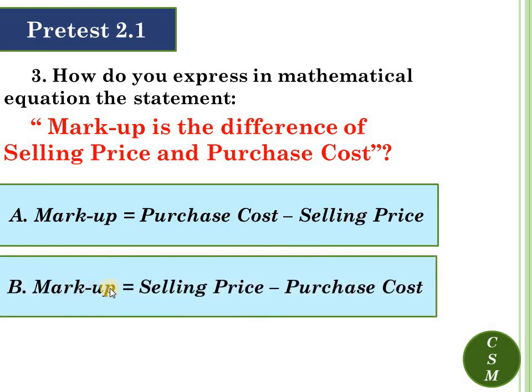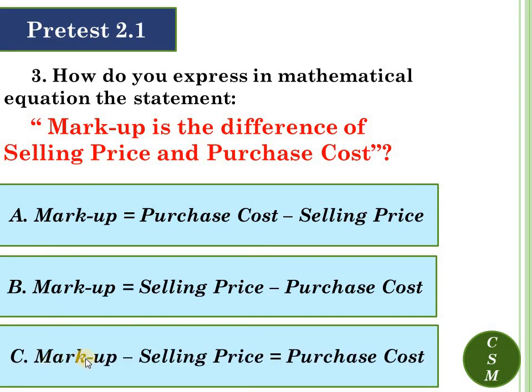B. Markup equals selling price minus purchase cost. C. Markup minus selling price equals purchase cost. Correct. B. Markup equals selling price minus purchase cost.